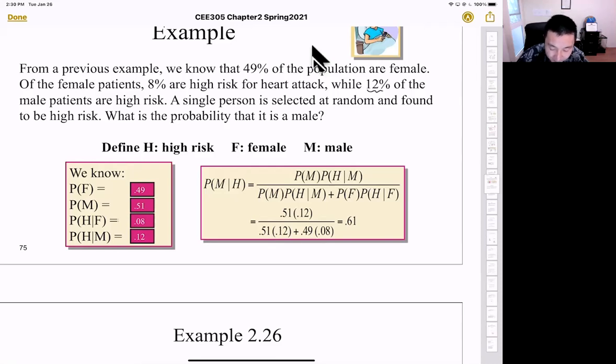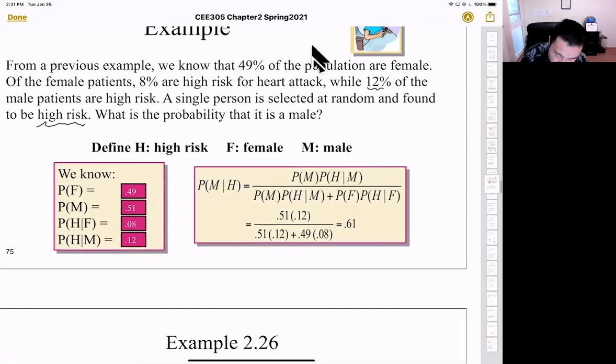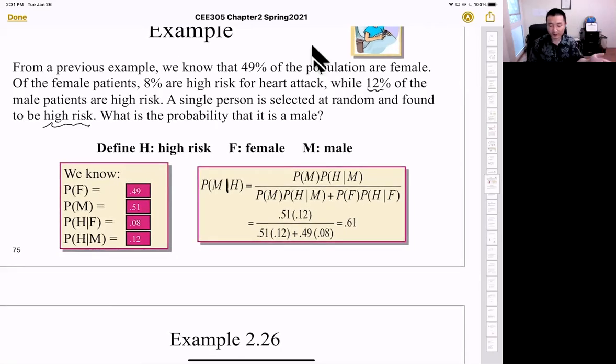What is the probability that it is a male? First of all, let's figure out what the question is asking. The question tells us the person chosen is already high risk, so that is conditional probability. Given it is high risk, what is the probability it is male? So that is P(M given H): the probability it is male given it is already high risk.